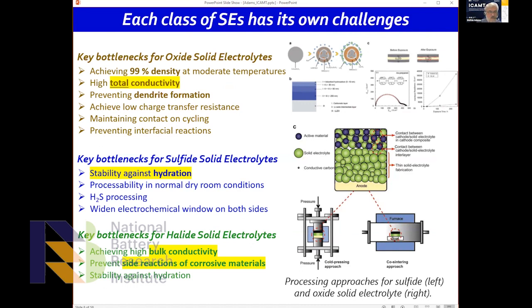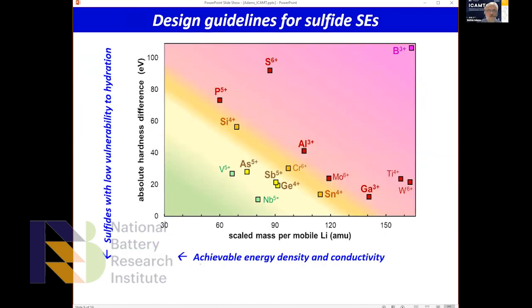We will look into that too. And for the halide solid electrolytes, the bulk conductivity is still not high enough, and they are also corrosive. They are better on the cathode side, maybe not so good on the anode side. So we may have a mixture of different solid electrolytes in the end.